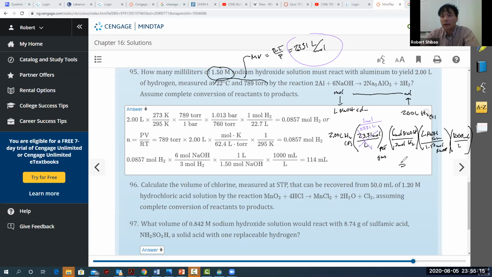All right, I get 114.4 milliliters of sodium hydroxide solution. So I would have done it like this, and I'm not exactly sure why they're doing it like that. But this is just your standard stoichiometry setup.